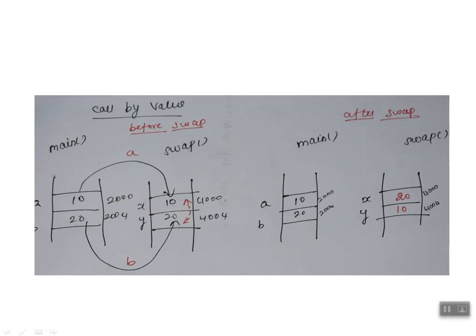So now x and y will have 20 as well as 10. What about a and b? a and b remain the same because we are doing all the tasks only with formal arguments. We are not disturbing actual arguments anymore, right? Once you take a photocopy, all the corrections and all the things we are doing only with the formal arguments, actual arguments remain the same.